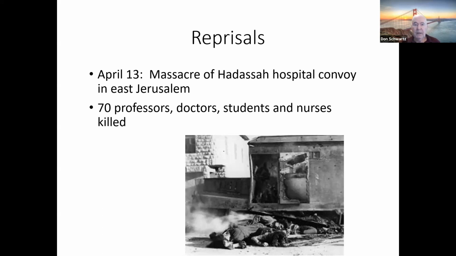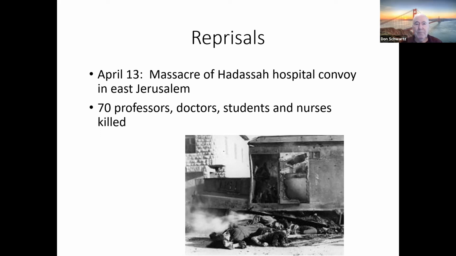The passivity of the Truman administration was captured in a public statement made in 1948 by the US ambassador to the United Nations. The US ambassador implored both Zionists and Arabs to end the fighting and, now get this, to settle the problem in a true Christian spirit. That is what the American ambassador to the United Nations said.